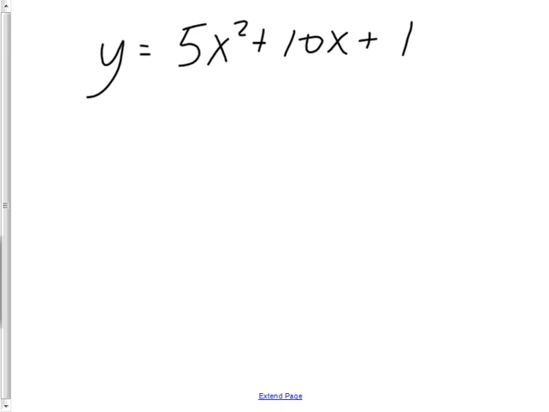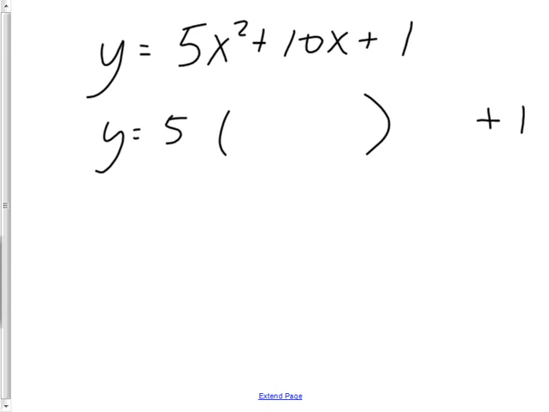You might notice this little problem. What's the problem? 5. Well, all you got to do is factor it out. 5 comes out front. And then put the plus 1 at the very end. Remember, you leave it way over there. Give yourself room to work.